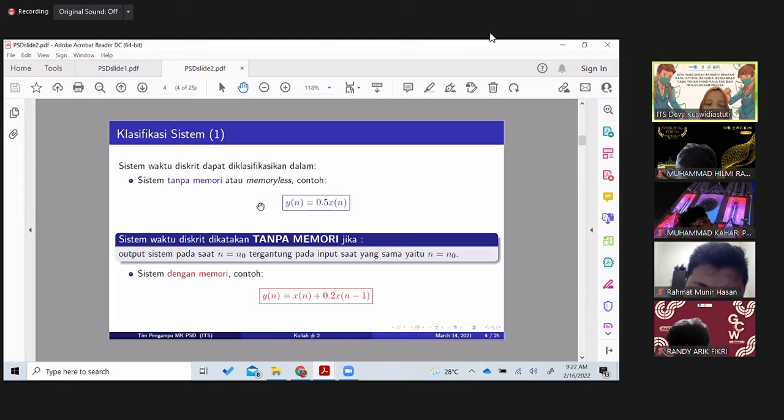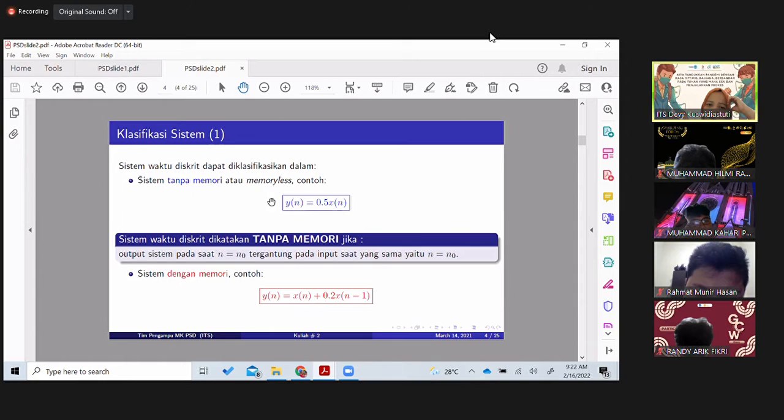For example, an example of a memoryless system is this linear system: yn equals half of xn. You can see clearly in here that the output yn only depends on the input at n also.